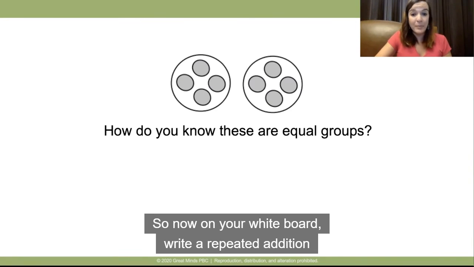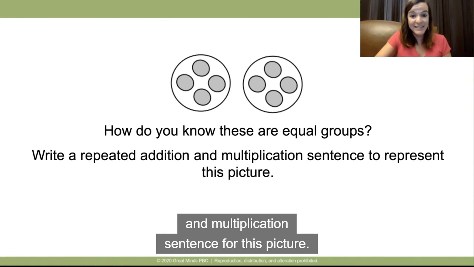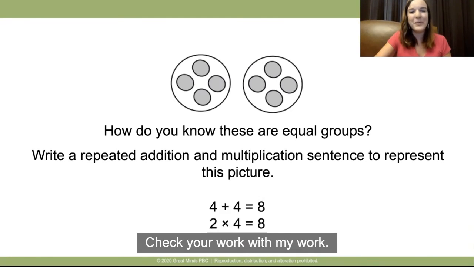So now on your whiteboard, write a repeated addition and multiplication sentence for this picture. Check your work with my work.